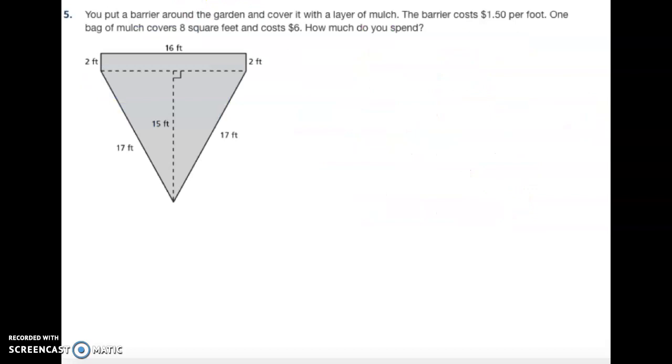Okay, number 5. You put a barrier around the garden and cover it with a layer of mulch. The barrier costs $1.50 per foot. 1 bag of mulch covers 8 square feet and costs $6. How much do you spend? Okay, so 2 different things here. Let's start with the barrier. That costs $1.50 per foot. So the barrier around the garden, that's going to be perimeter. So let's find perimeter. We want to add up all the sides.